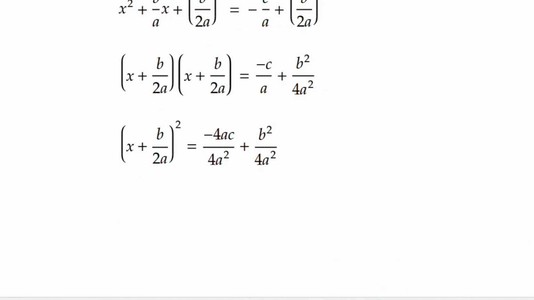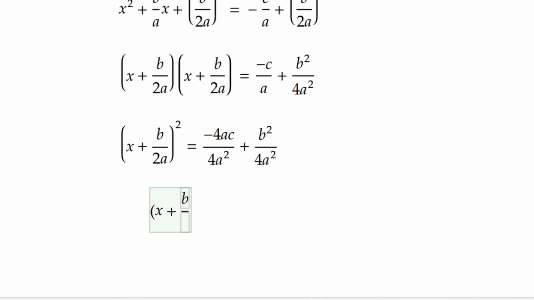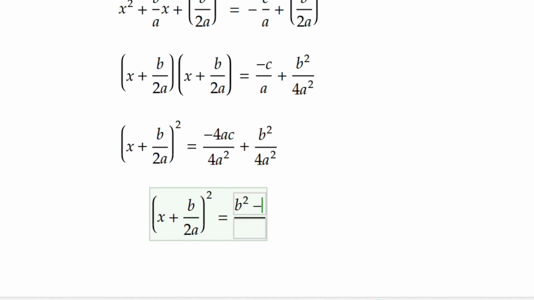Okay, now I need to add the numerator. I think the numerator is going to be b to the power 2 minus 4ac over 4a to the power 2.